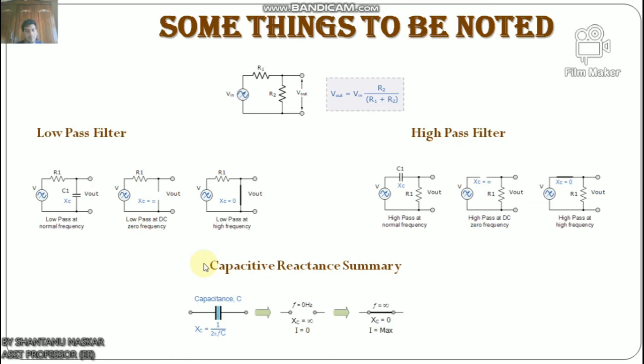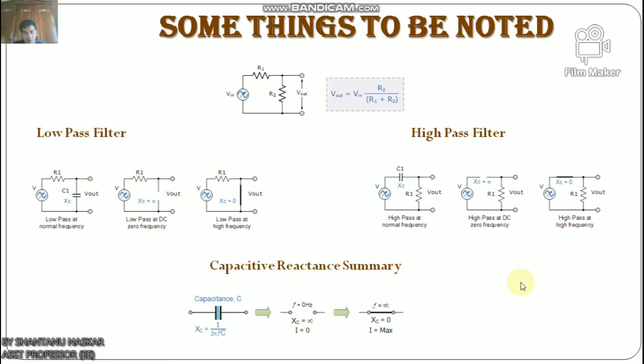Now for the summary, let us summarize what capacitive reactance is. We can summarize the behavior of a capacitor in a variable frequency circuit as being a sort of frequency control resistor that has a high capacitive reactance value at a very low frequency, which is an open circuit condition, and a low capacitive reactance value at a very high frequency, which is a short circuit condition, as shown.